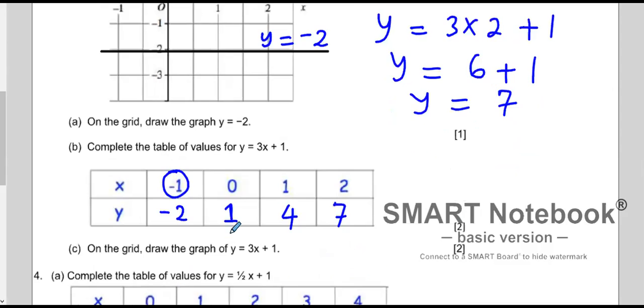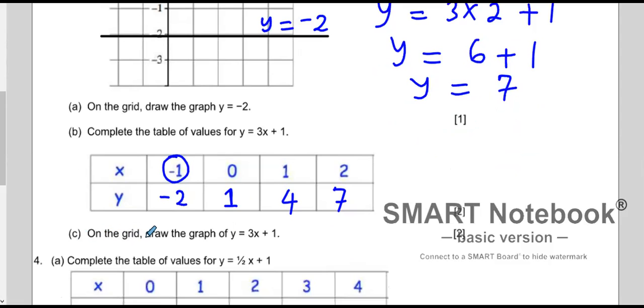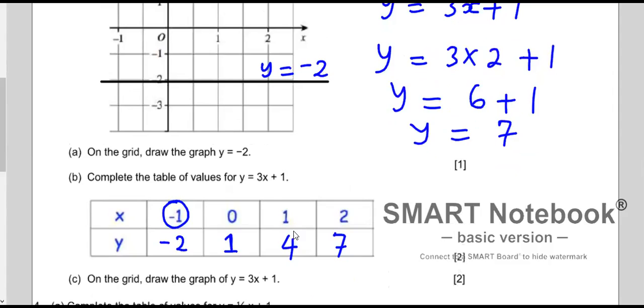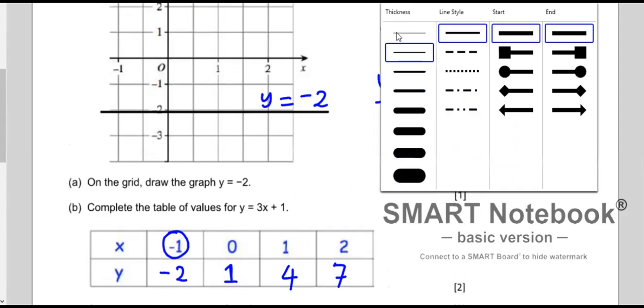All right, so now the table is completed. So part C is on the grid, draw the graph of y equals 3x plus 1. So this remains the same as how we have done. Plot the points. X is -1, y is -2.